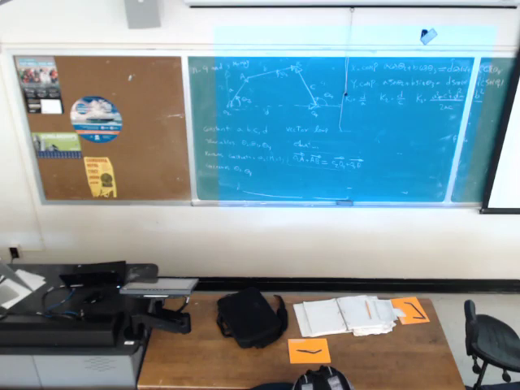D over C I define as K2, K2 cosine of theta 2, and the rest I leave it there. Negative cosine of theta 2 cosine of theta 4, negative sine of theta 2 sine of theta 4. Negative, negative.